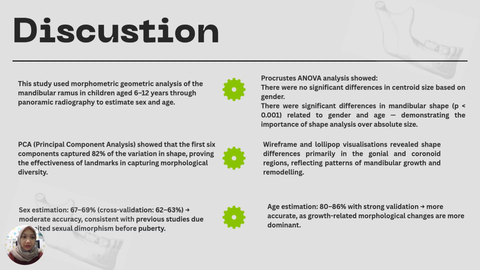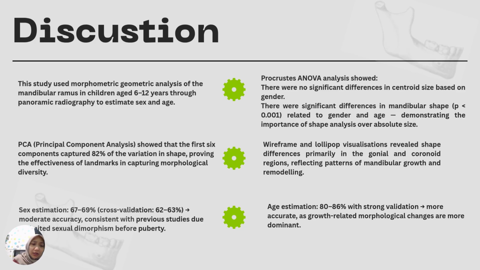For the discussion, this study used morphometric analysis of the mandibular ramus in children at 6 until 12 years through panoramic radiography to estimate sex and age. PCA showed that the first six components capture 82% of the variance in shape, improving the effectiveness in capturing morphological diversity.